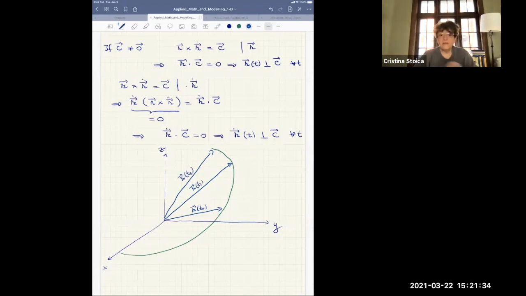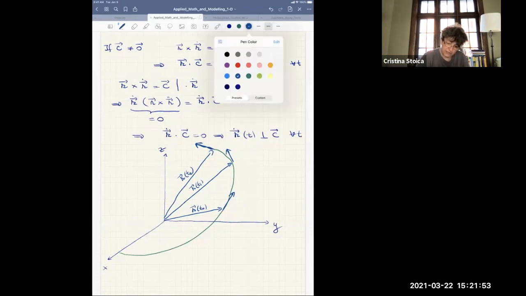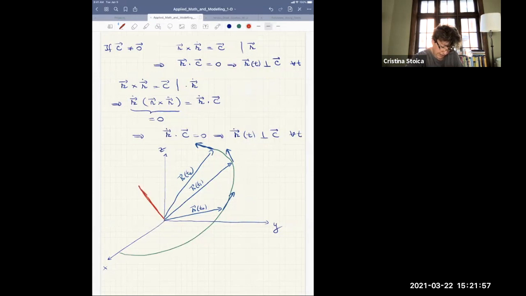And the velocities are in the same plane, as this one that I drew in green. Here is a velocity, here is another velocity, here is another velocity. I'm just drawing like a tangent to the path. And where is my vector C? This guy is perpendicular and fixed. Here is C.